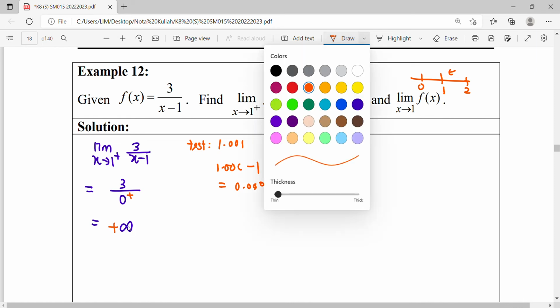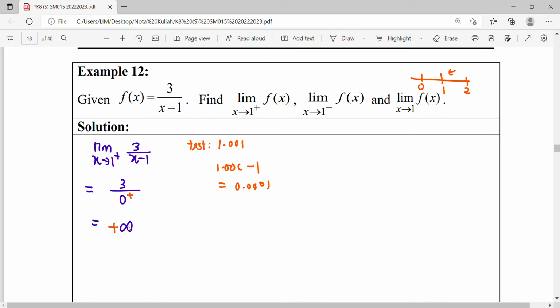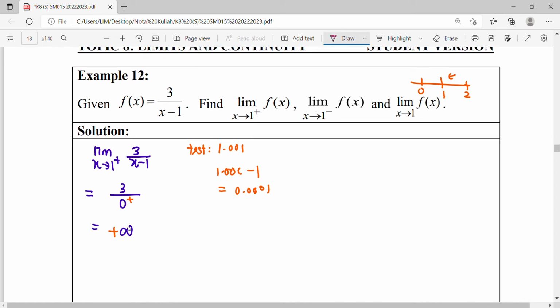Okay. So we proceed. What happens when limit x approaches 1 from the left hand side for this function? So make sure you substitute your function. We will figure out the limit like usual. Maksudnya macam substitute macam biasa. 1 tolak 1, kosong.